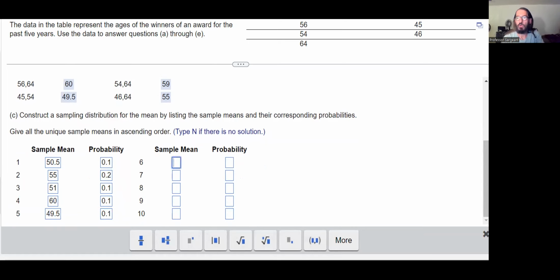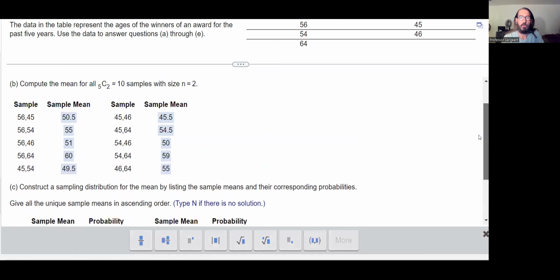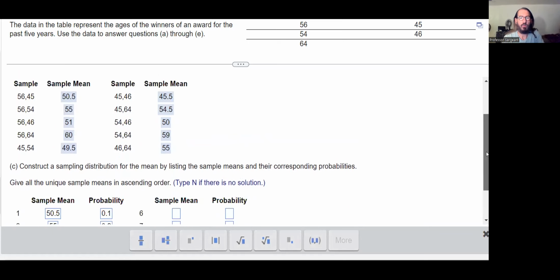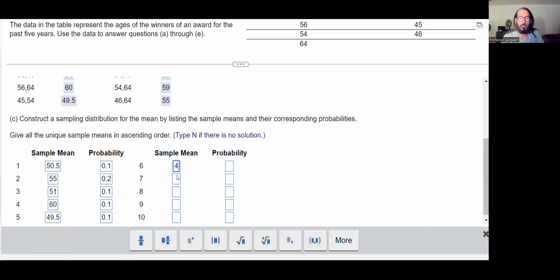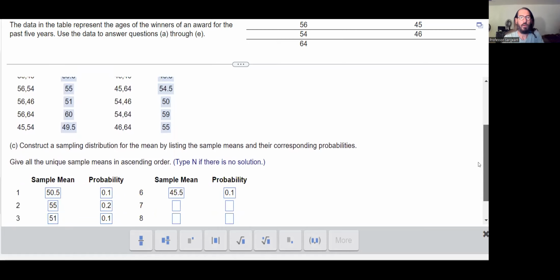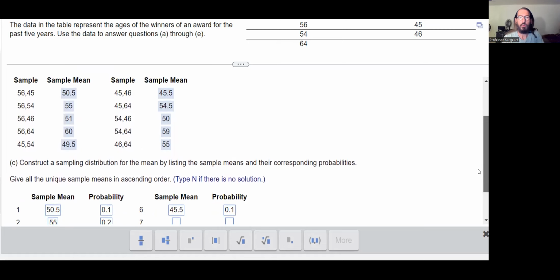The sixth one was 45.5. There's only one of those. Then we had 54.5. There's only one of those.